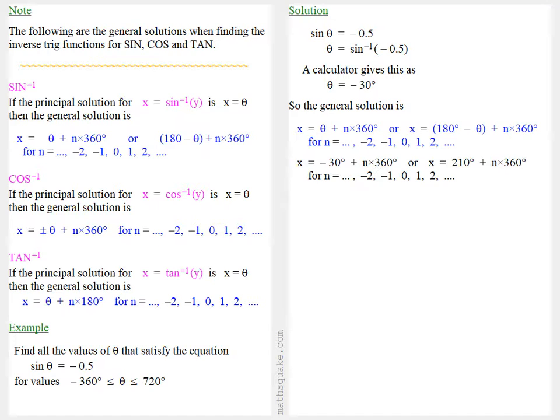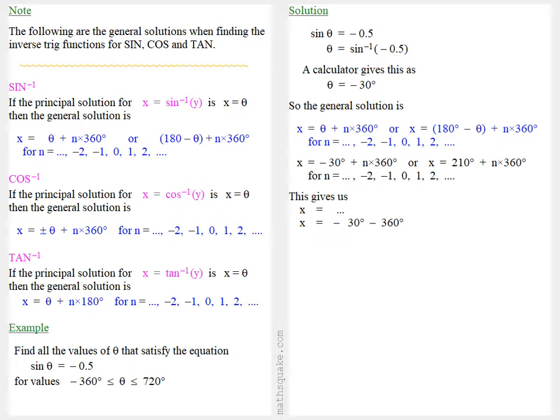So if the principal value is minus 30, we have x is minus 30 plus n times 360, or x is equal to 180 take away minus 30, which is 210, plus n times 360, for any integer value of n.